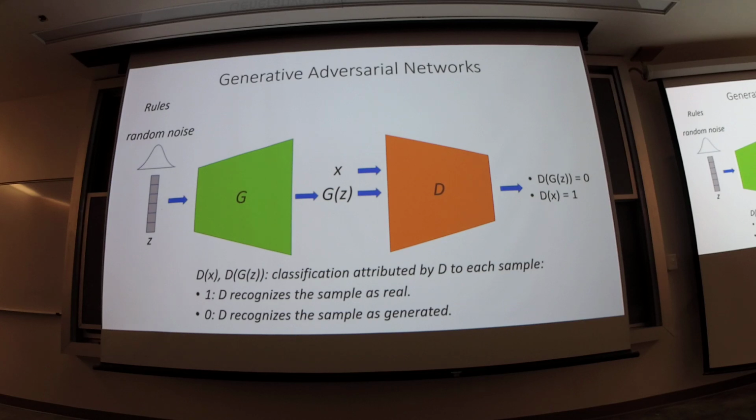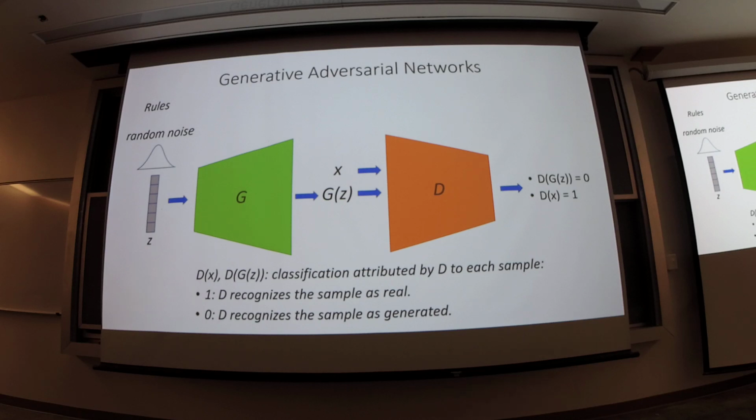So if it doesn't find the same features in one of the images, then it will say, oh, this is fake. Does it make sense? It's not a matter of comparing one image to another image, it's just a matter of learning features of the real data that make them look real. Okay?